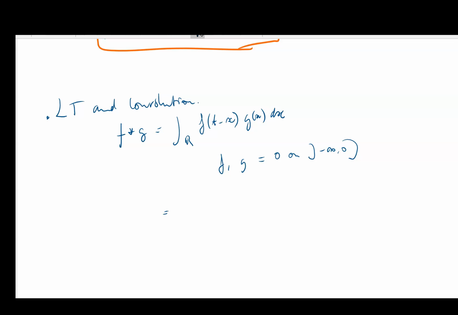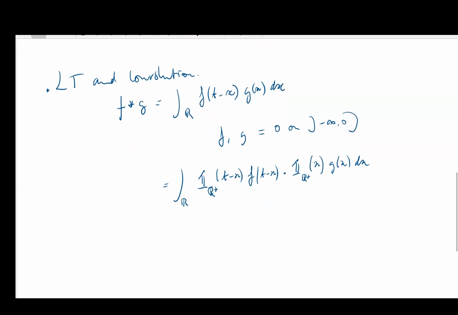That's going to be the integral on R of the indicator on R plus of t minus x times f of t minus x times g, which is going to be the integral on R plus, indicator on R plus of the x variable, g of x dx.